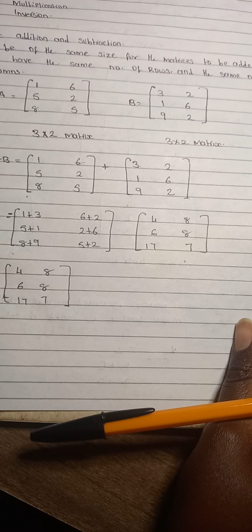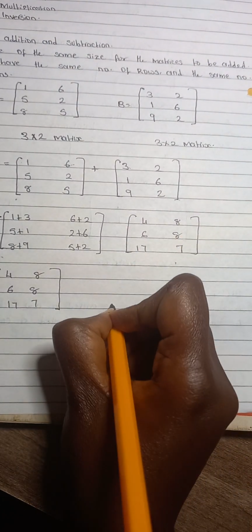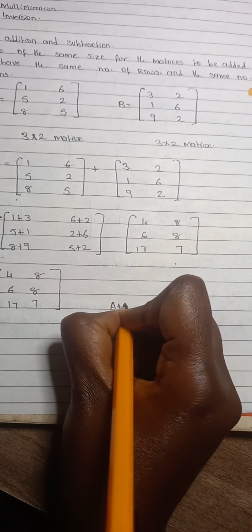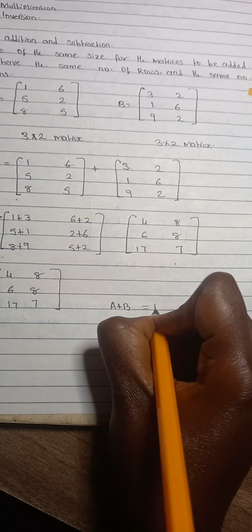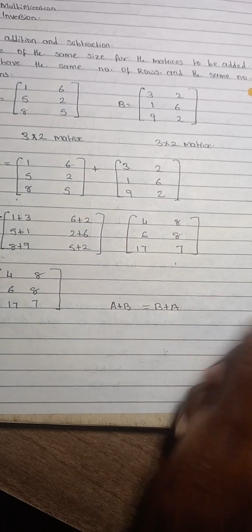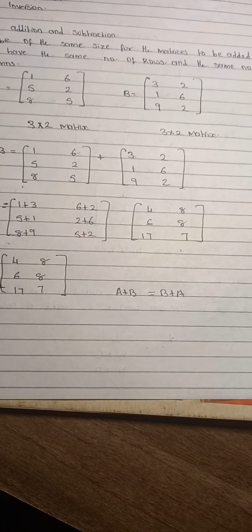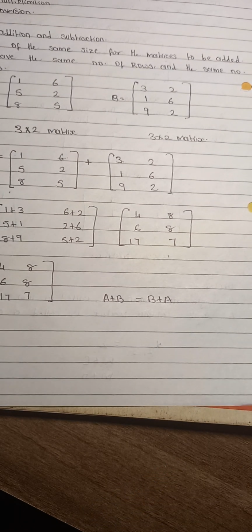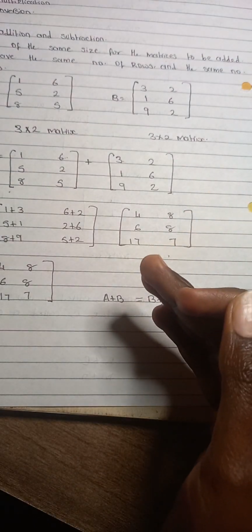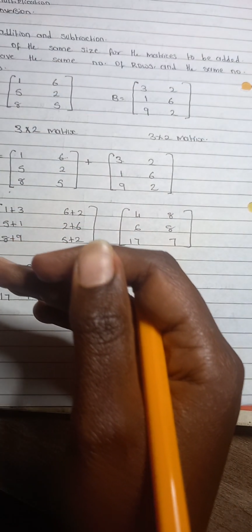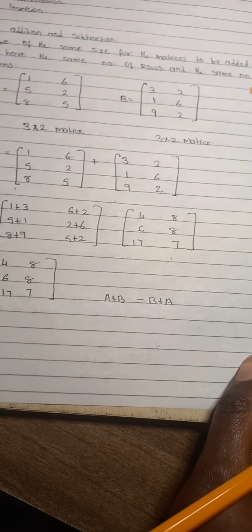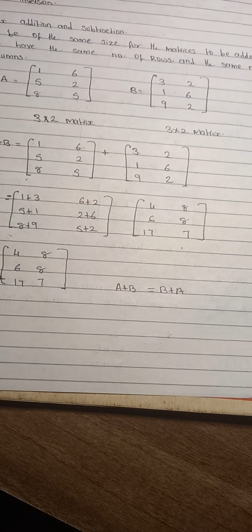Now it is important to note that A plus B is the same as B plus A. It does not matter in which sequence the matrices are added. If you add A and B or add B to A, they are the same. Yes? So why is this?